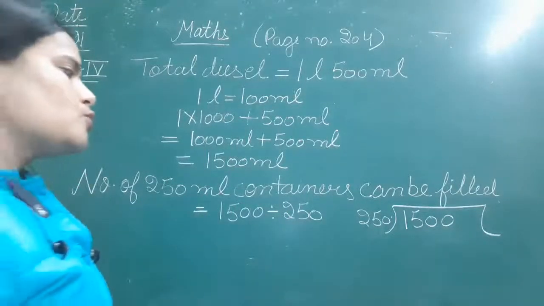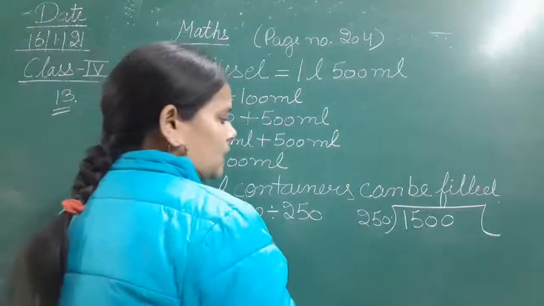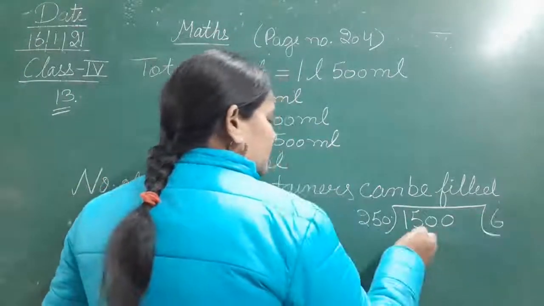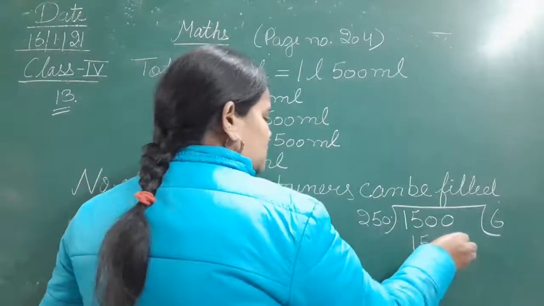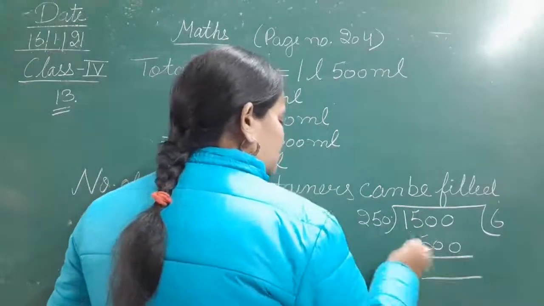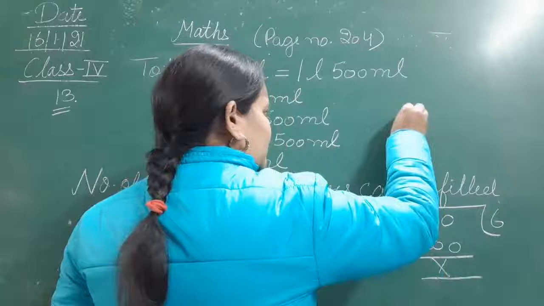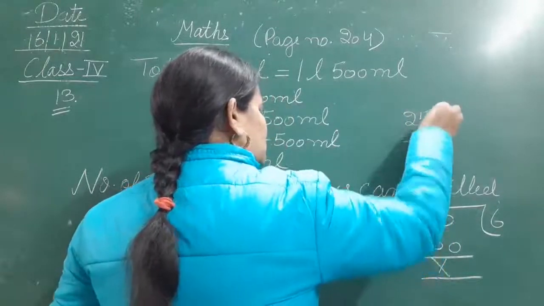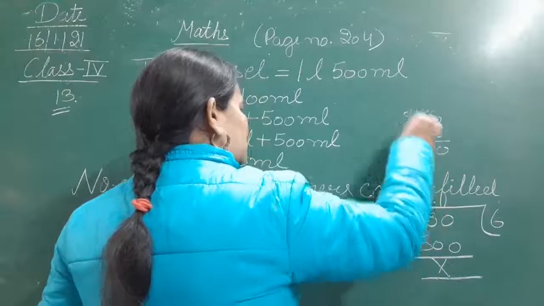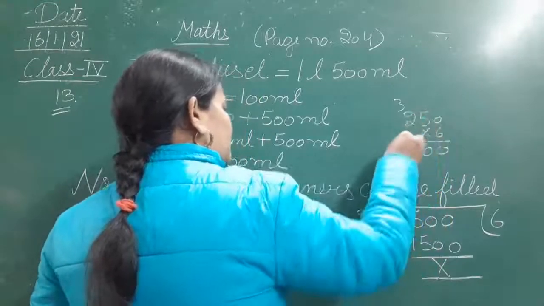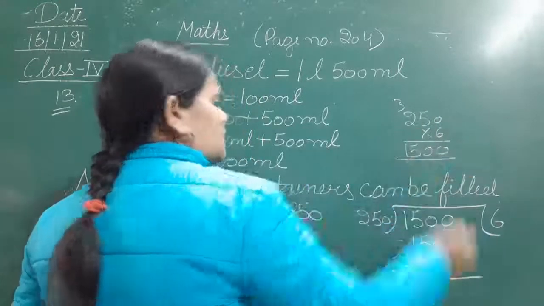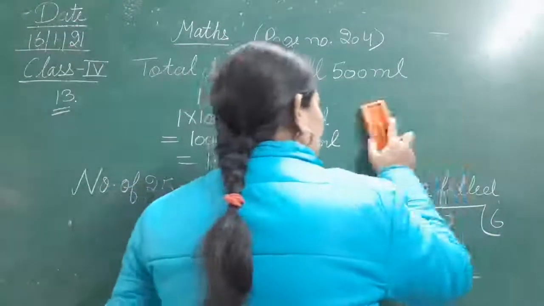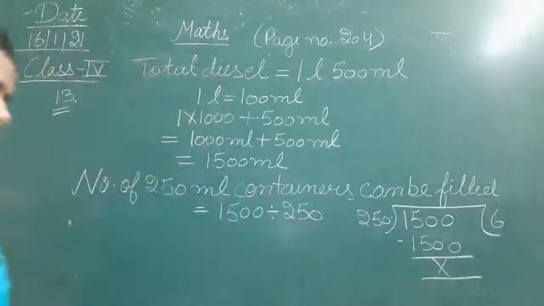Okay. 250 6 are, that is 1500. ओके, चाहे तो आप देख लीजिए 250 मल्टीप्लाई बाय 6. 0 6 5 are 30, 3 6 12 13 14 15. That is 1500. So 250 6 are is 1500.